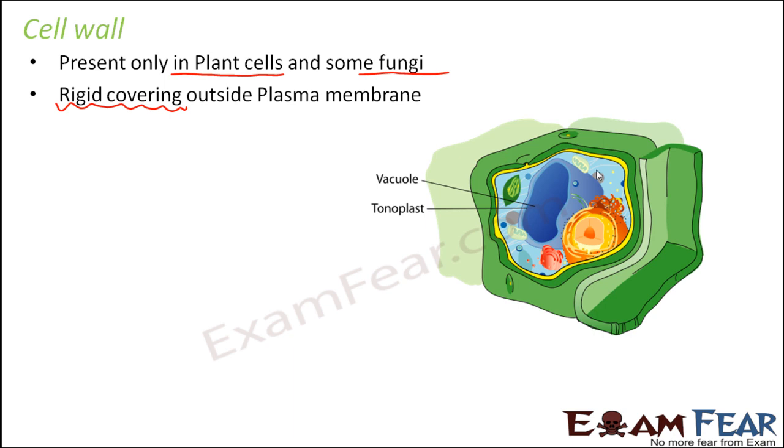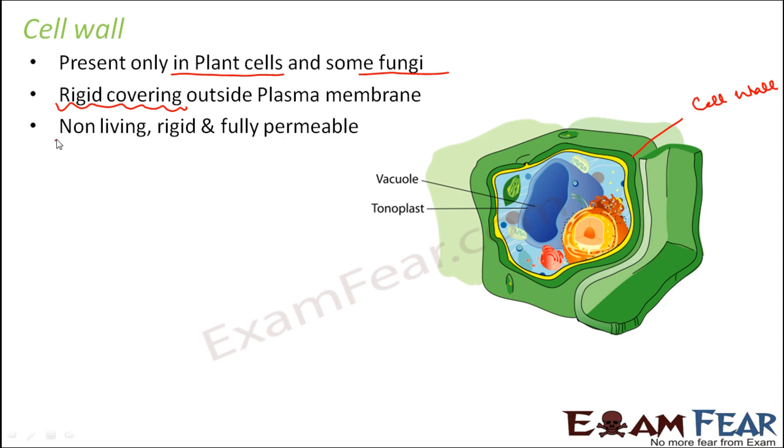So this is how it looks. Here, the yellow colored boundary which you see is the plasma membrane, and outside that you see the green colored structure which is nothing but the cell wall. It is non-living, rigid and fully permeable. So this is again another difference, that the plasma membrane was a living membrane, but this is non-living, rigid and fully permeable.